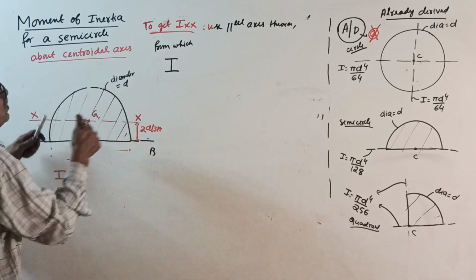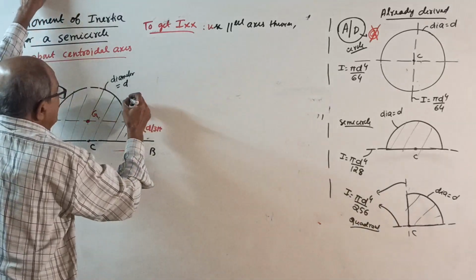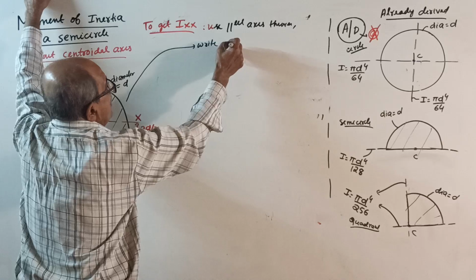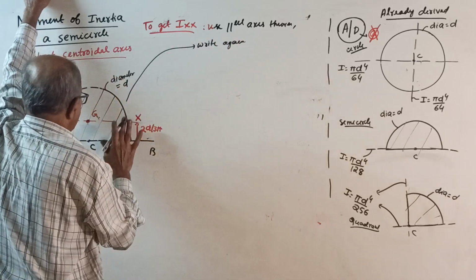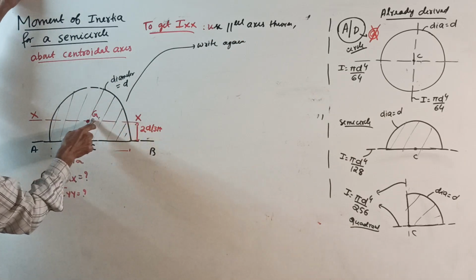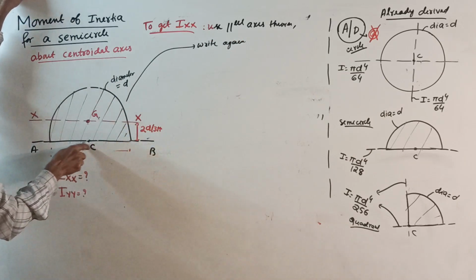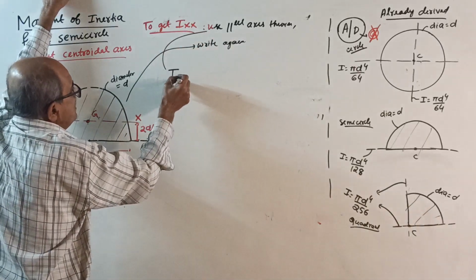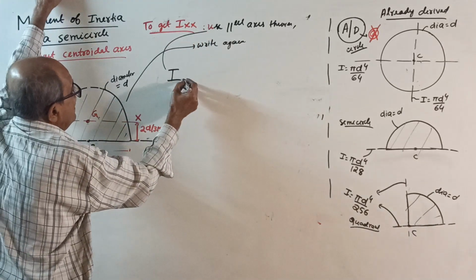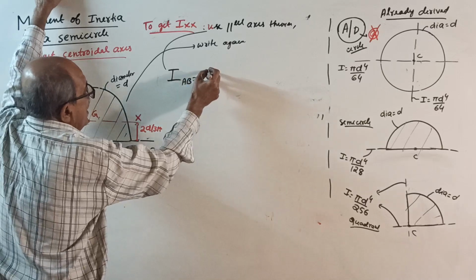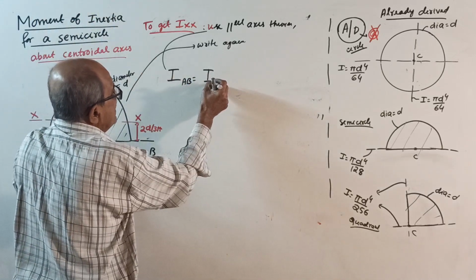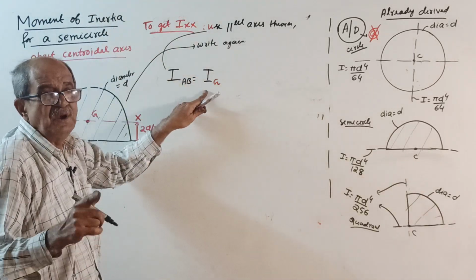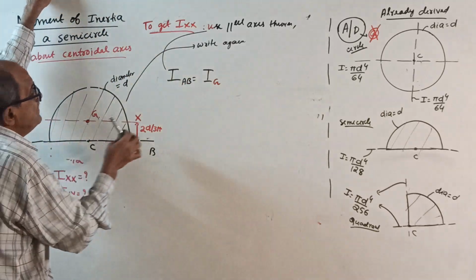The parallel axis theorem. This sketch you write once again, to understand correctly. This is the centroidal axis passing through G. This is any axis. So, by the parallel axis theorem, I about any axis, AB, equals IG, the moment of inertia about an axis passing through the centroid and parallel to the required axis.